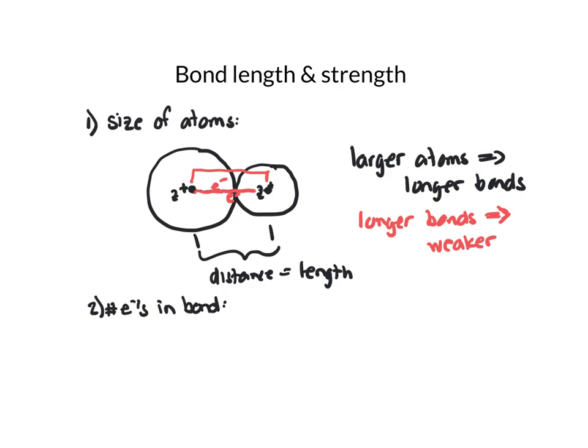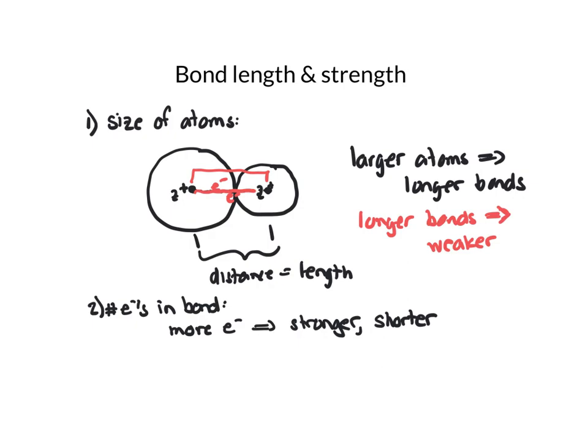And the more electrons in the bond, the stronger the bond is going to be. And because that bond is stronger and there are more electrons there pulling the nuclei, allowing the nuclei to get closer together, we also have shorter bonds. So more electrons result in stronger and shorter bonds.